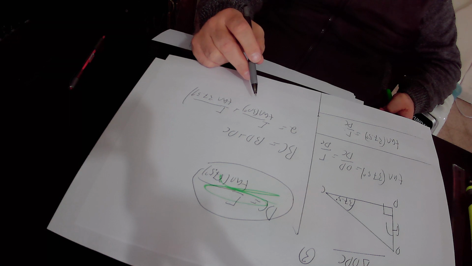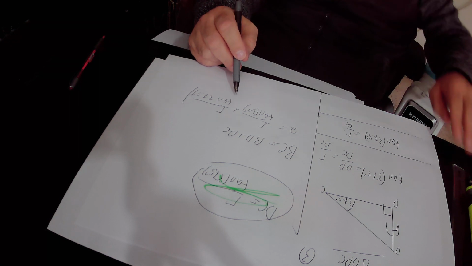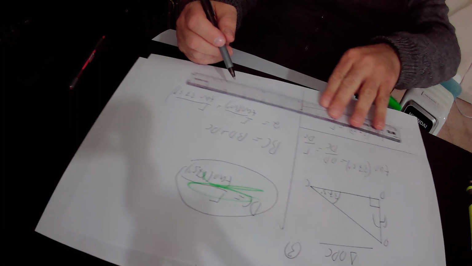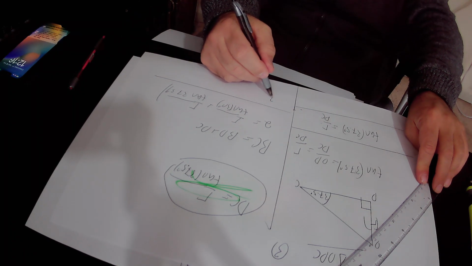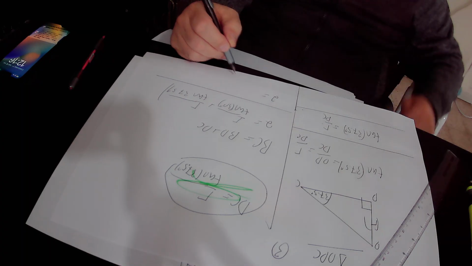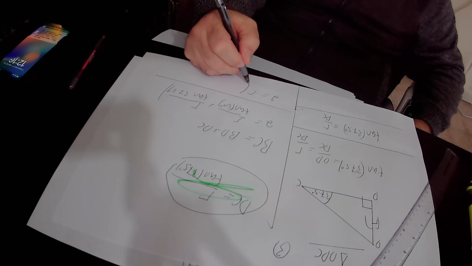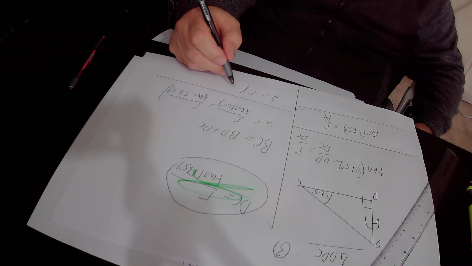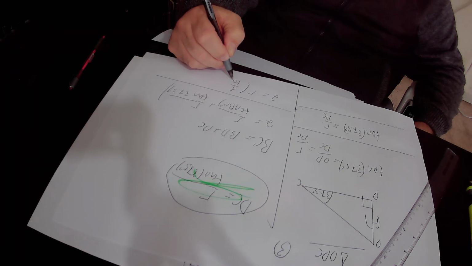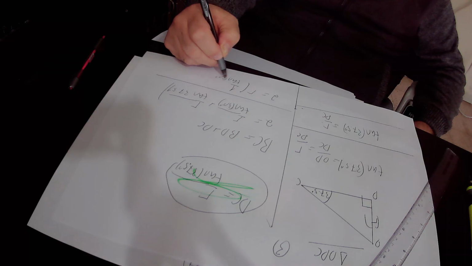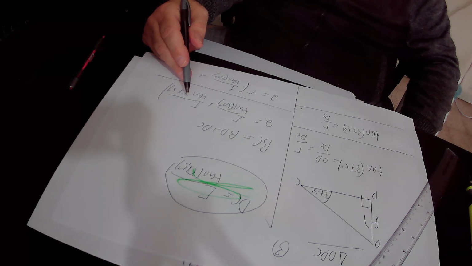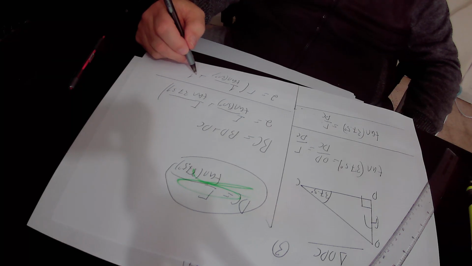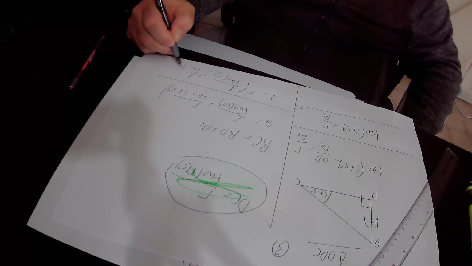Here we take R as a common factor from those two expressions, and inside the brackets we are left with 1 over tangent 30 degrees plus 1 over tangent 37.5 degrees.